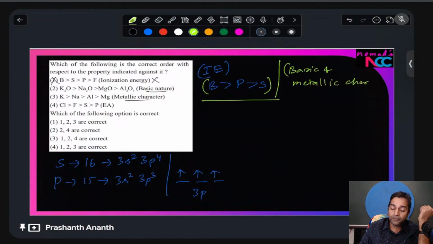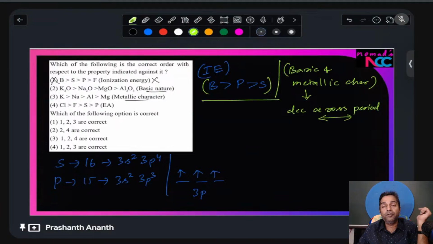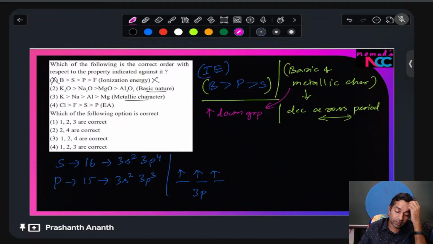So this decreases across the period, from left to right, and of course, top to bottom, it increases. So it decreases across the period and increases down the group. So in this scenario, let's start plotting them.